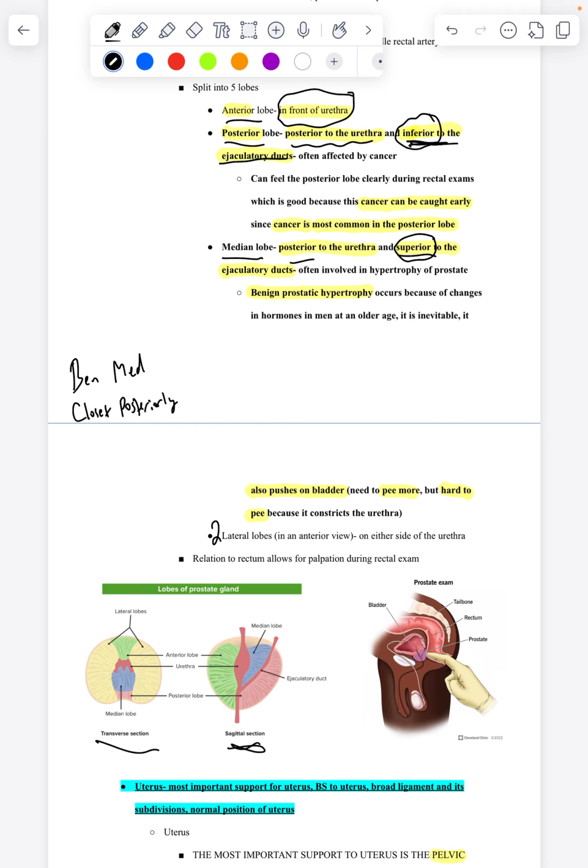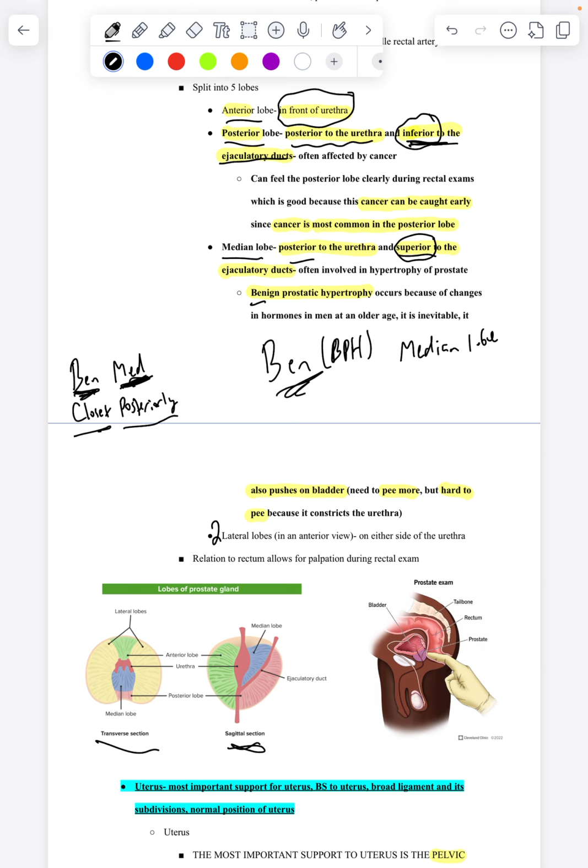The way to remember which one causes BPH, or benign prostatic hypertrophy, and which one causes cancer, think of Ben trying on his medium shirt in the back closet. So BPH, or Ben, for benign prostatic hypertrophy, trying on his medium or median lobe shirt.